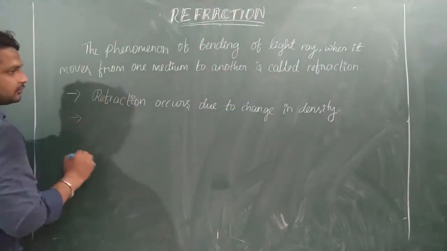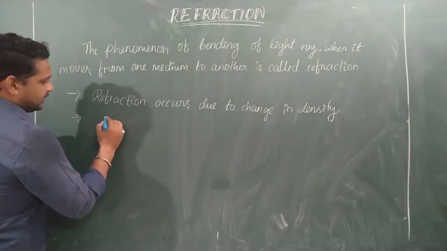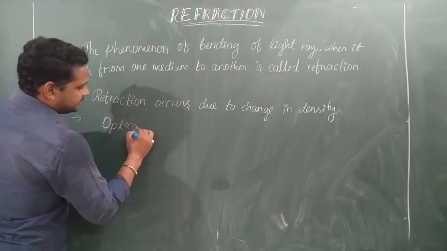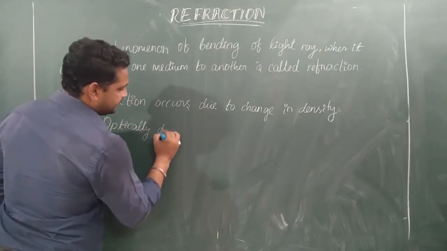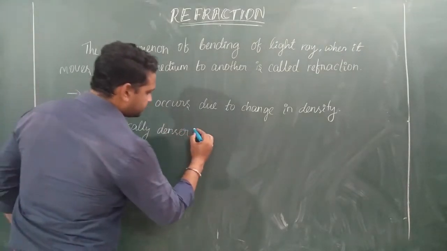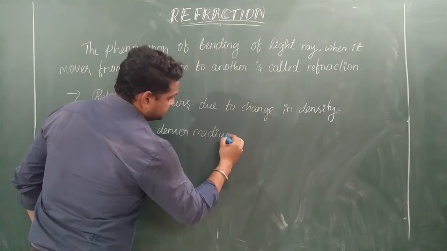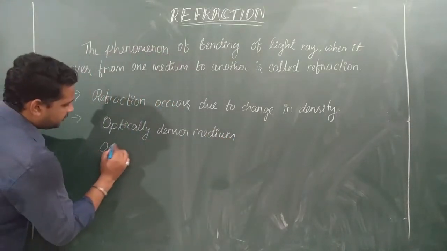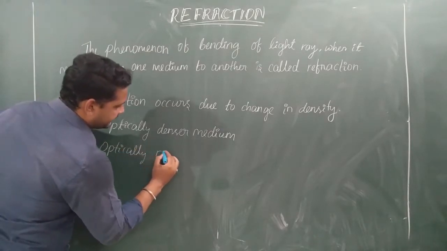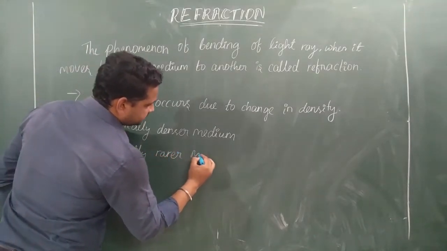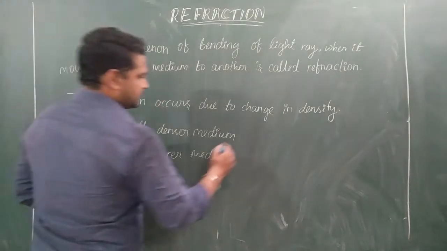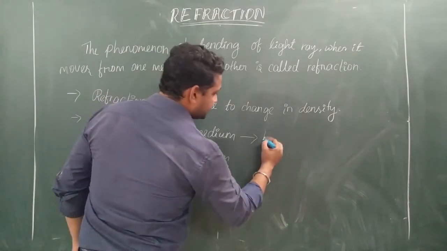So based on the density, we have optically denser medium and optically rarer medium. Optically denser medium means high density.